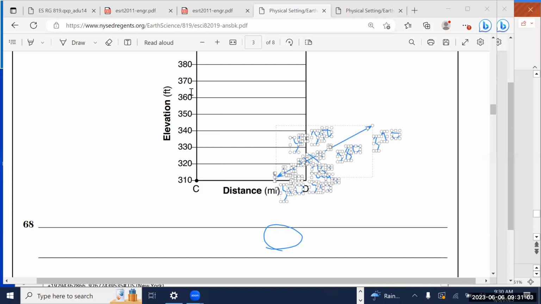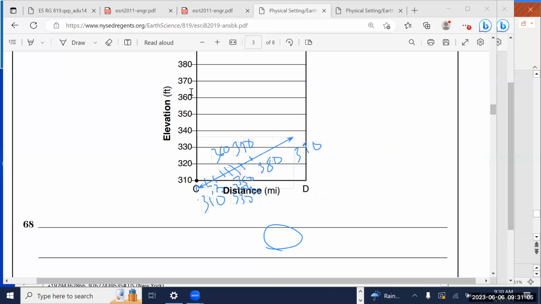Okay. So what you're going to do now is move the line down. And remember all the things that you plotted.